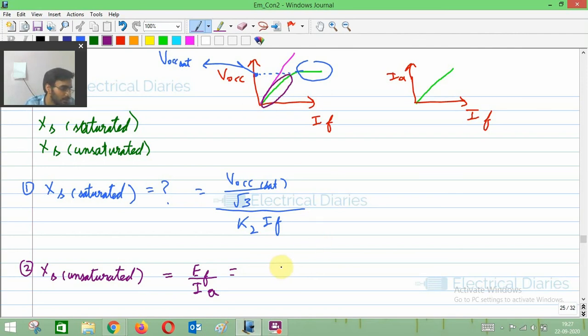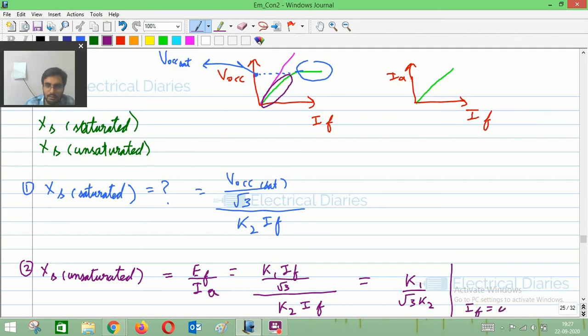It will be written as K1 IF, and you have to take the phase voltage by root 3. Always remember this. Divided by IA, which will be proportional to IF only, so it will be K2 IF. So this whole comes out to be a constant, excess unsaturated, K1 by root 3 K2, which is a constant. We can easily see this from these expressions.